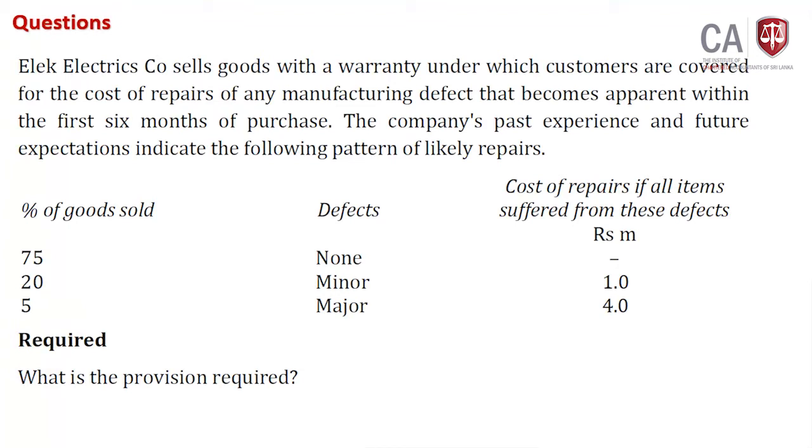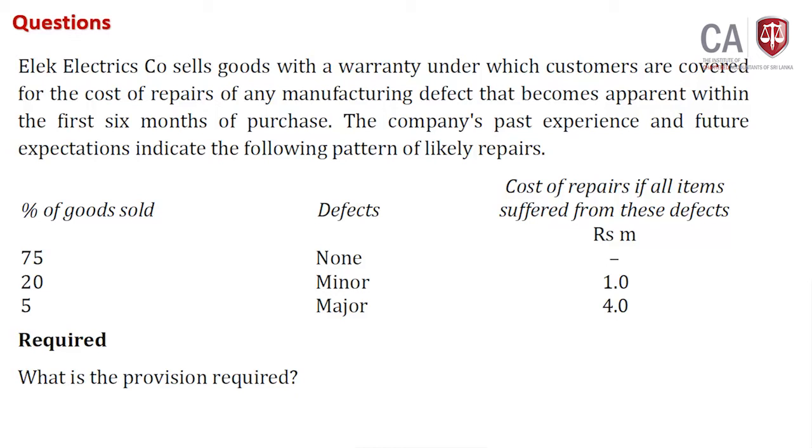This electric company sells goods with a warranty under which customers are covered for the cost of repairs of any manufacturing defects that become apparent within the first 6 months of the purchase.